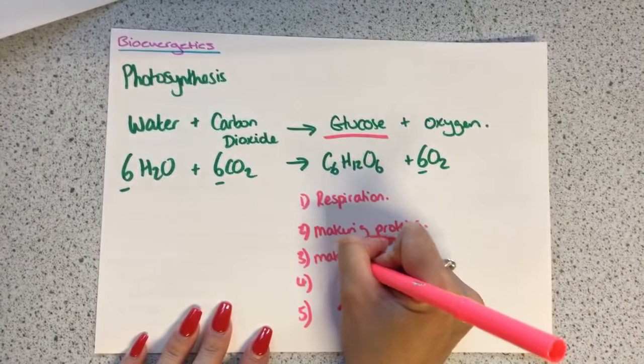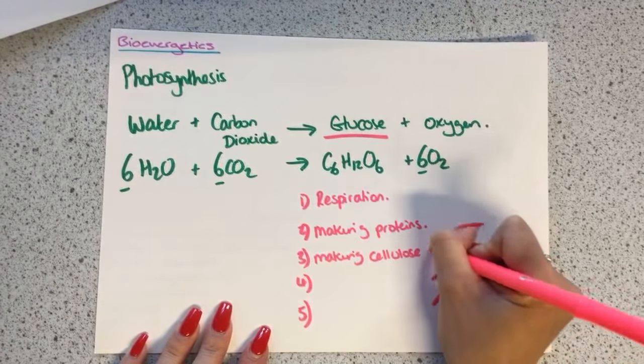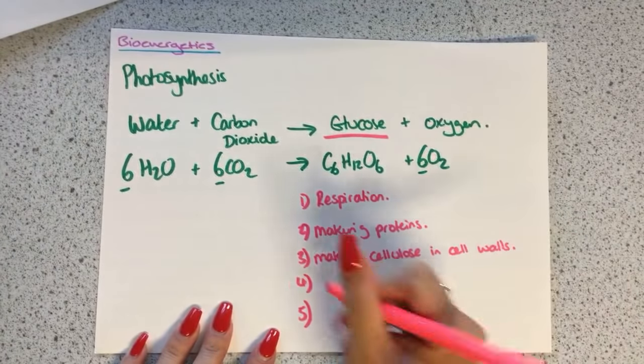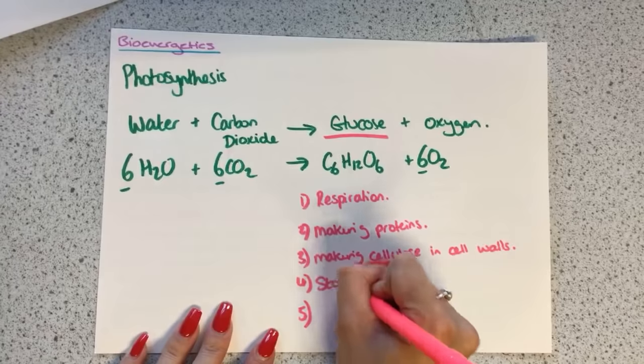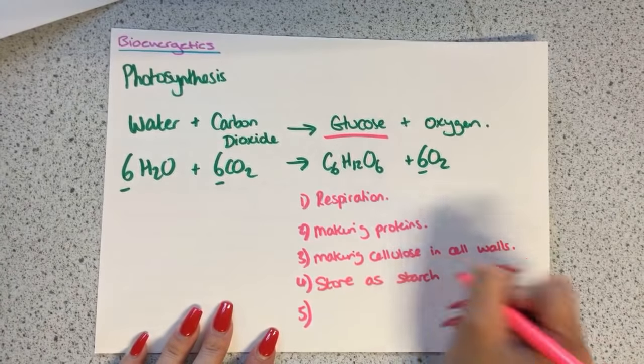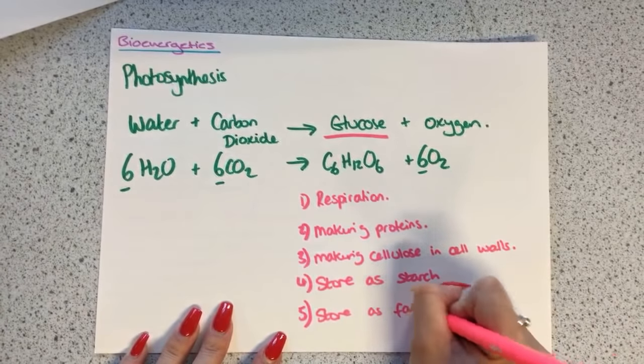Making cellulose, which is in the cell walls. And then you can store it as different things. So store it as starch or store it as fats and oils.